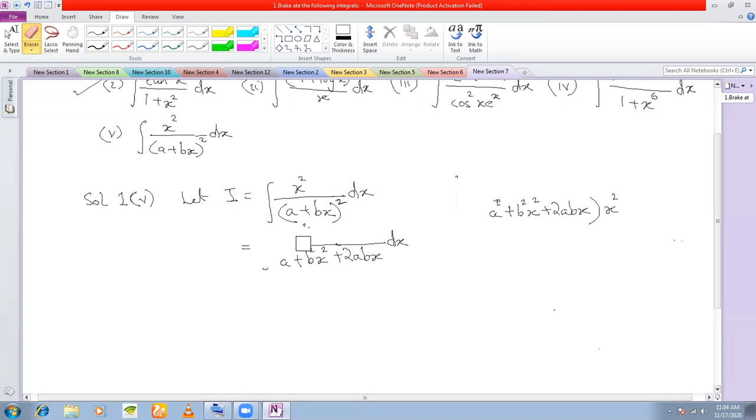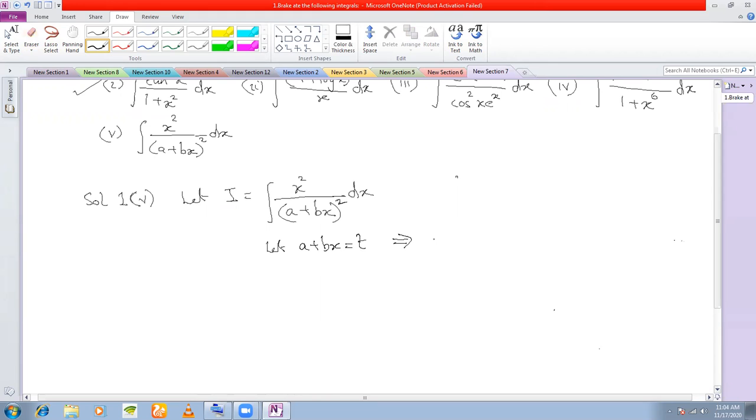Better way is, since a and b are unknown constants, this would have worked if we had a and b as numbers, but since a and b are unknown constants, so better still what you do here is you put a plus bx is equal to t. This will work better.